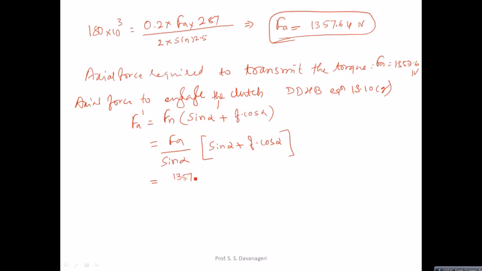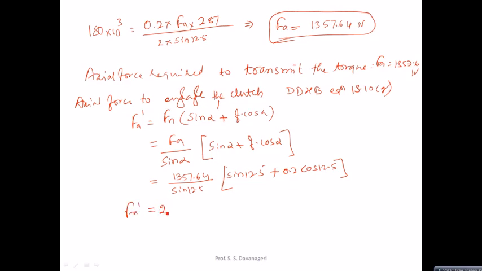This normal force can be written in terms of the axial force required to transmit the torque. So Fa divided by sine alpha is equal to Fn, which is sine alpha plus mu into cos alpha.